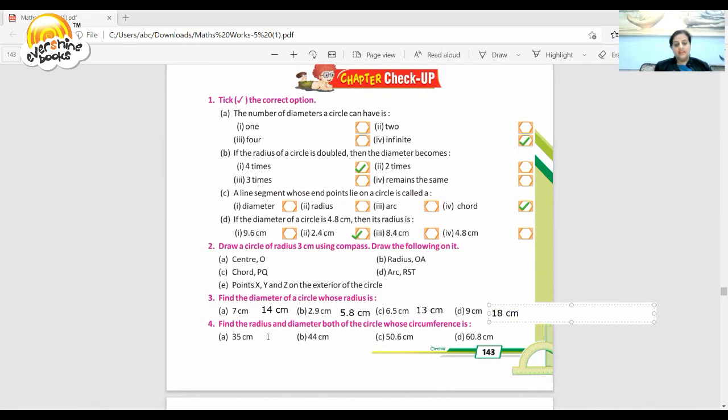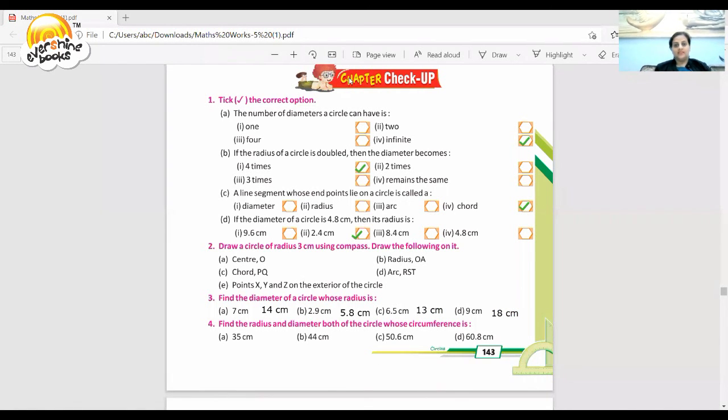Now find the radius and the diameter both of the circle whose circumferences are given. In that you have to apply that reciprocal rule and the formula also.